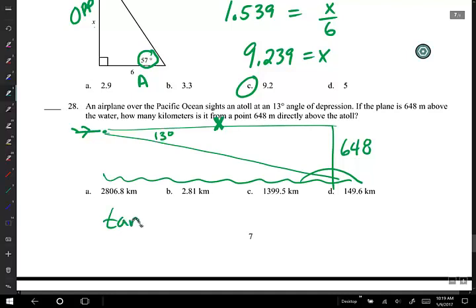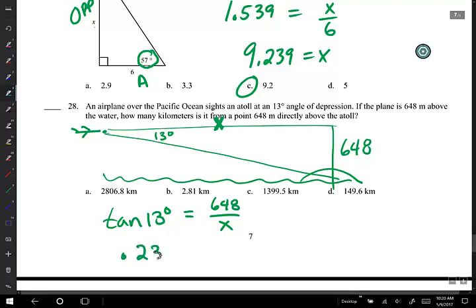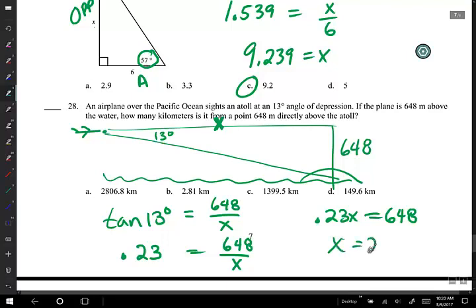So the tangent of 13 degrees equals opposite over adjacent. Tangent of 13 degrees, 0.23, 648 over x, cross multiply. Once again, we've done this a bunch. Divide 648 by 0.23, and I get 2817.